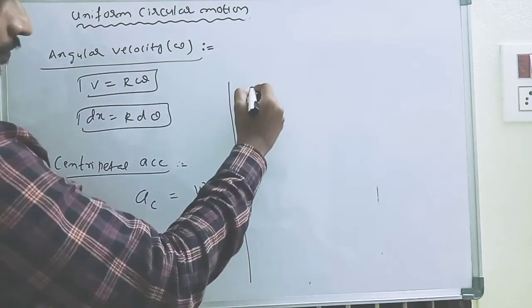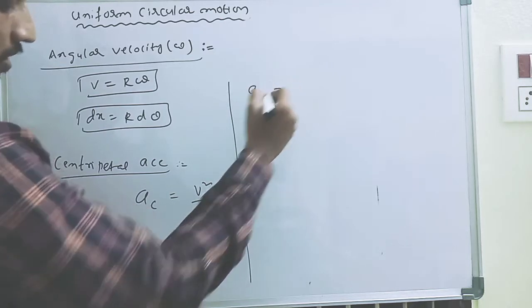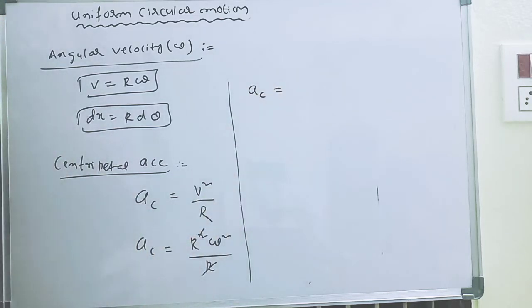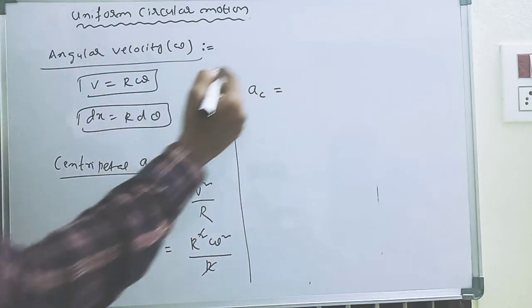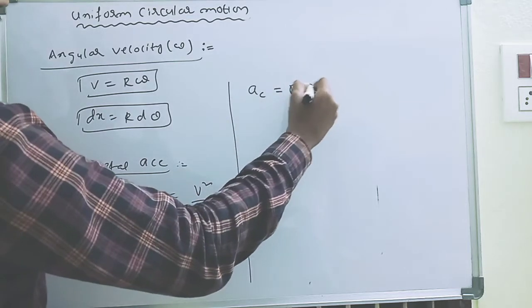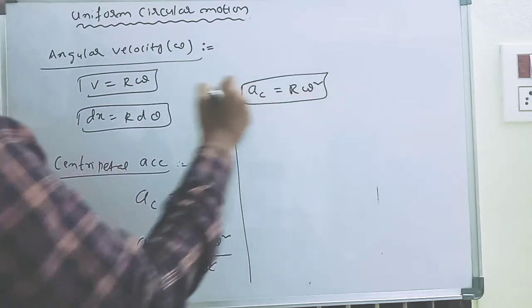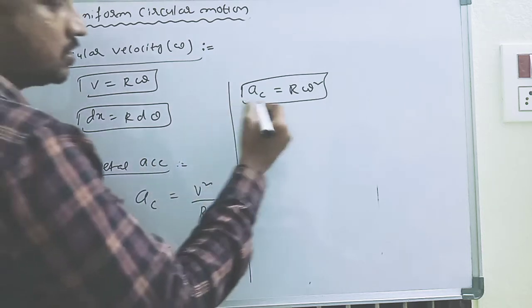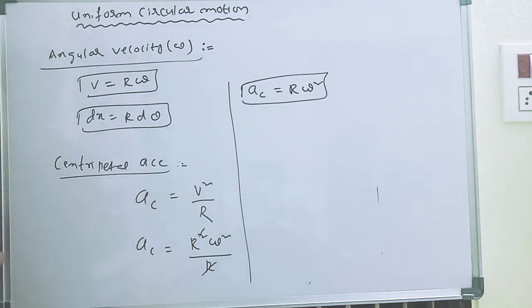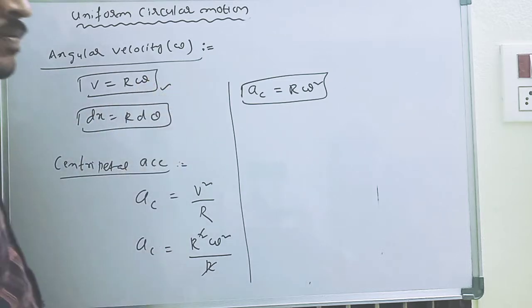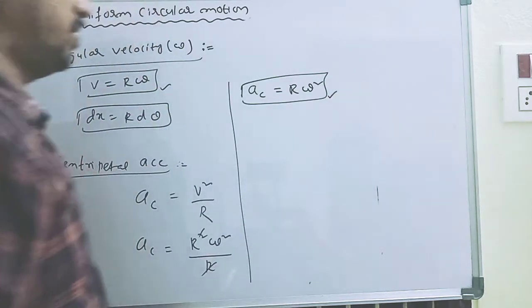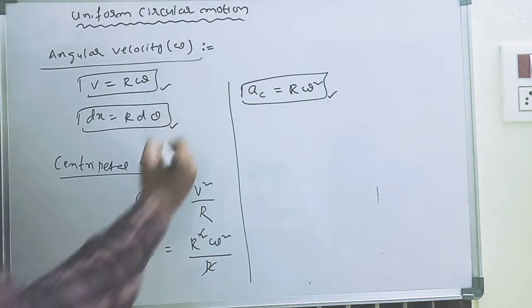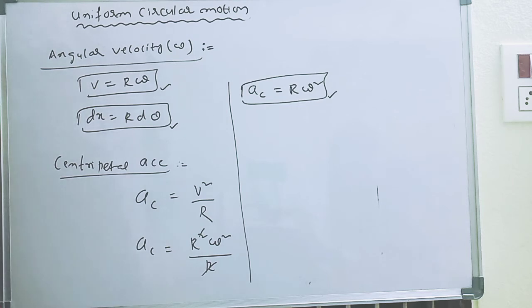So centripetal acceleration is equal to r omega square. So these formulas are important: v is equal to r omega, a is equal to r omega square, and dx is equal to r into d theta. These formulas are very important.